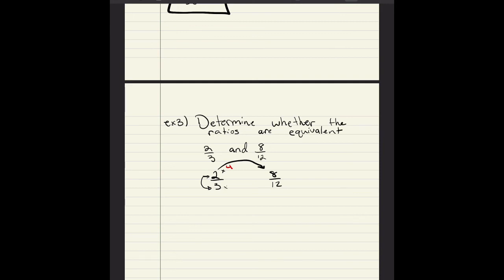So if we multiplied 3 by 4, would we get 12? Yes, we would. So the answer would be yes, because you can multiply 2 by 4 to get 8, and you can multiply 3 by 4 to get 12. So these two are equivalent.